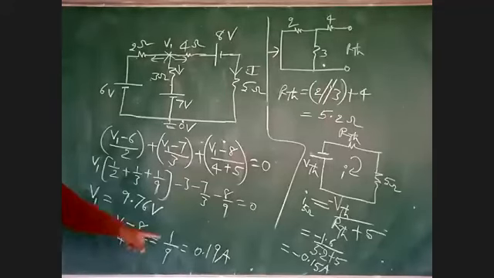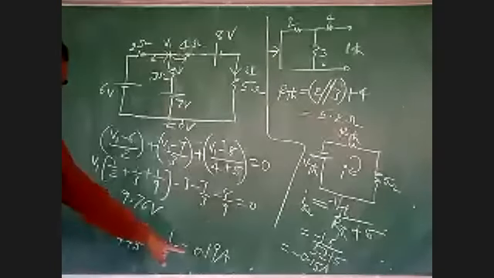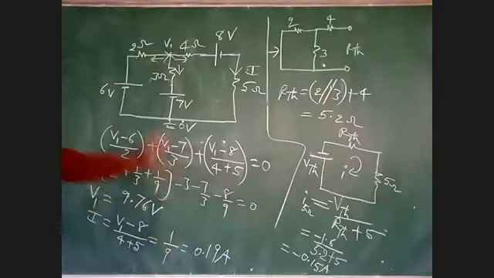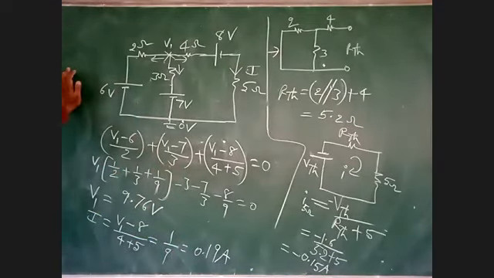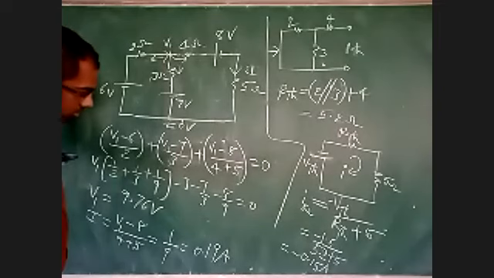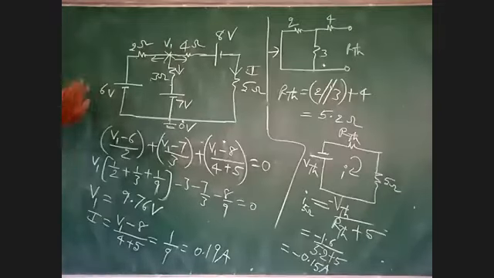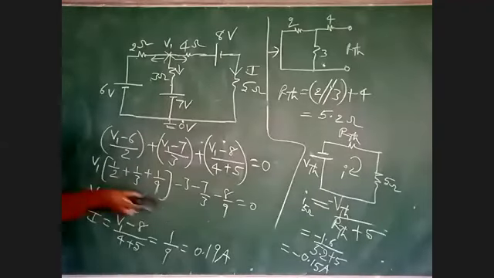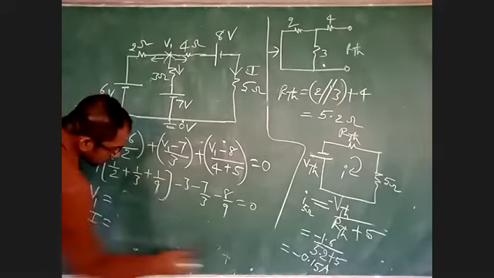0.15. Then here also, 1 divided by 0.74, sir, 0.19. V1 I am getting 6.74, sir. Okay. So the answer is 0.14.